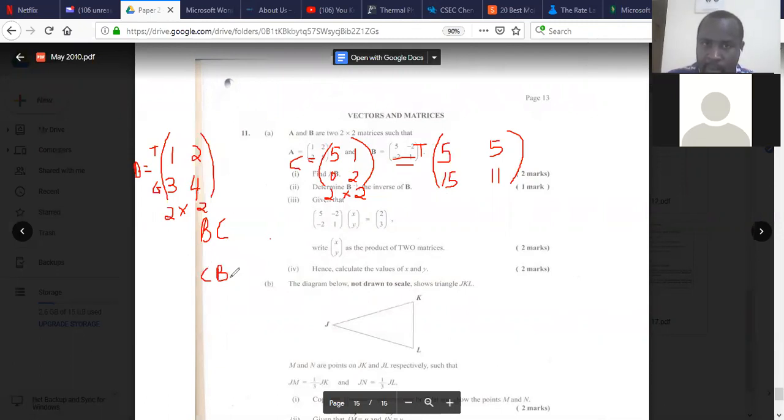You're multiplying the C by the B. Not the B by the C, but the C by the B. So try that now and tell me what you get as the answer. No, we did B times C and got 5, 5, 15, 11. I'm asking you to do C times B, which means you put C at the front and B at the back.